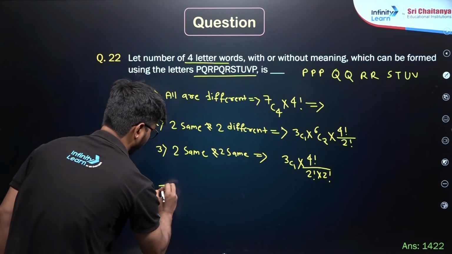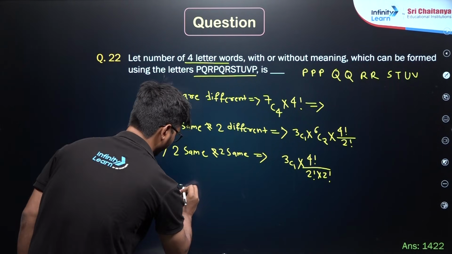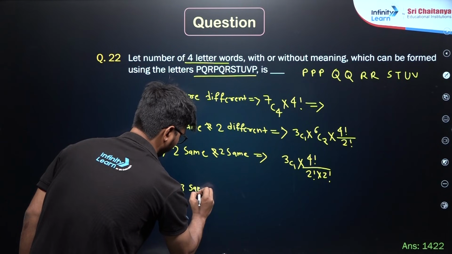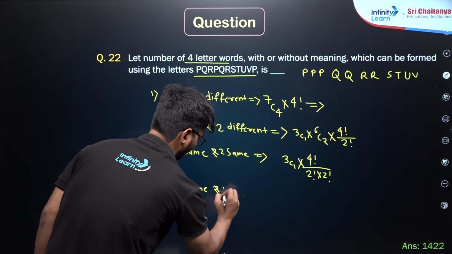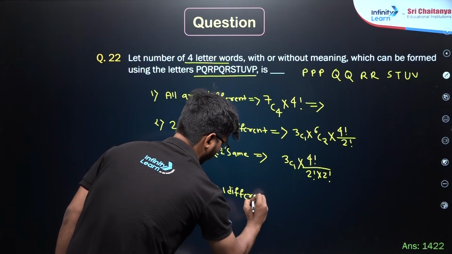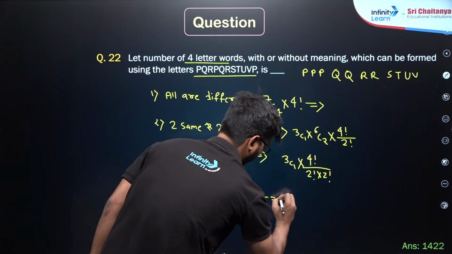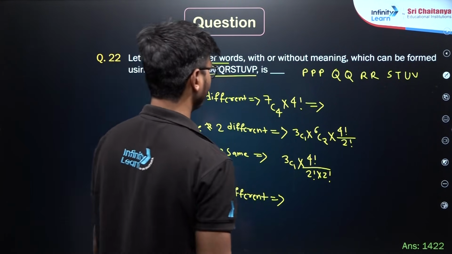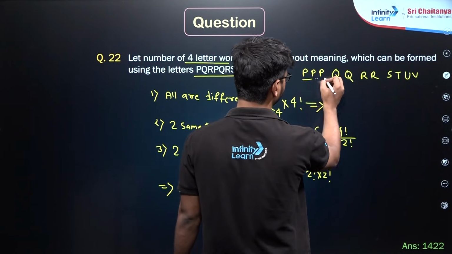Next, the case is 3 same and 1 different. And when 3 same and 1 different is there, we have only one case.